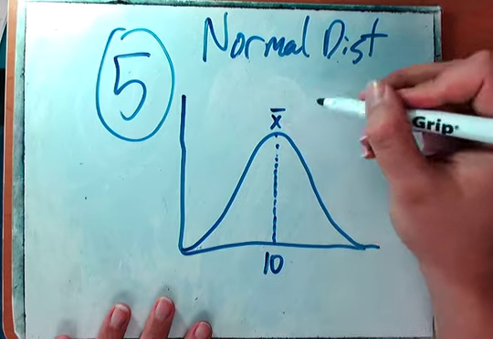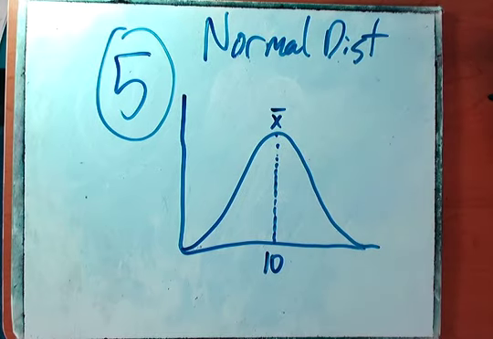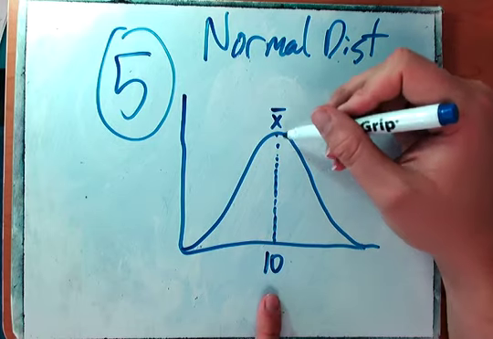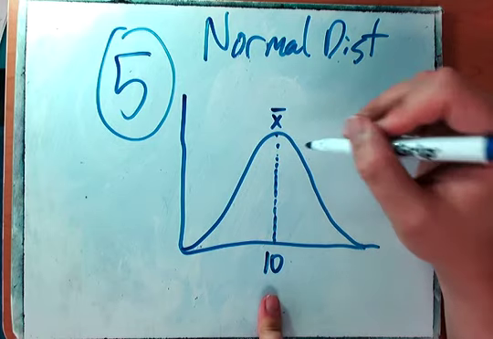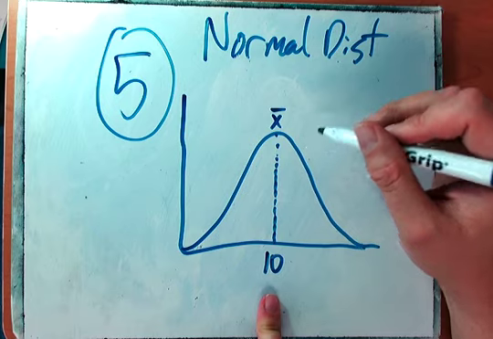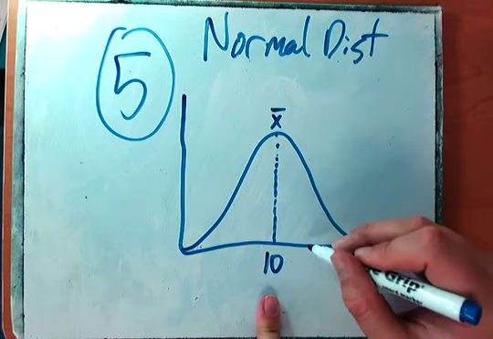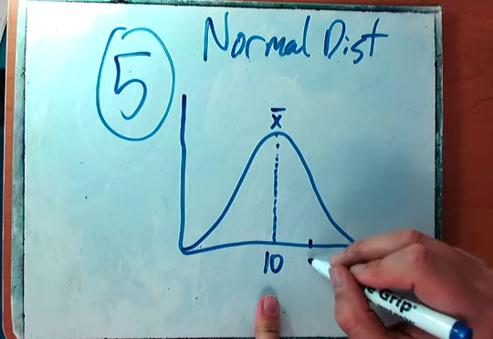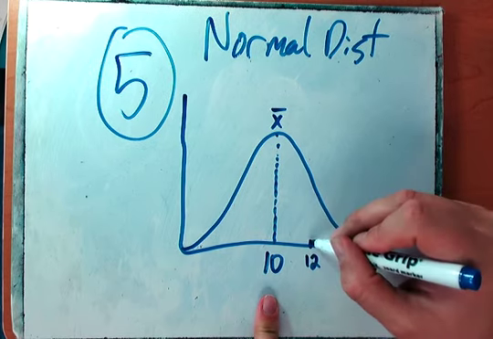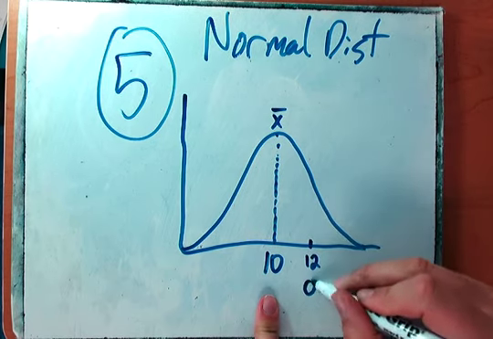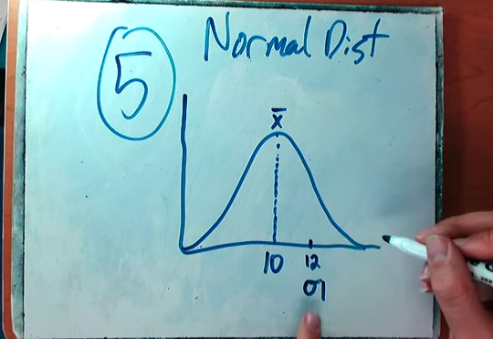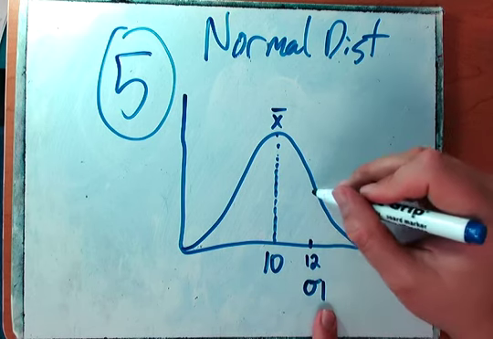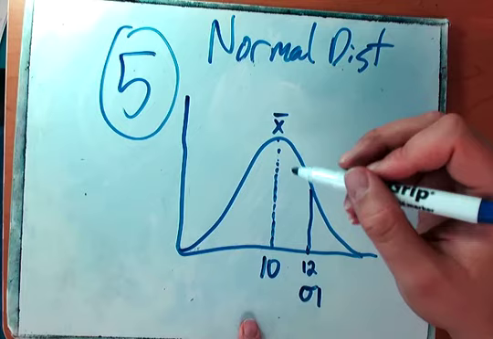This is x bar, the height of the graph, or the value of the highest point on the graph. Then sigma, or standard deviation, is out here, and 12 I would label as sigma 1, or the standard deviation of 1 unit out.